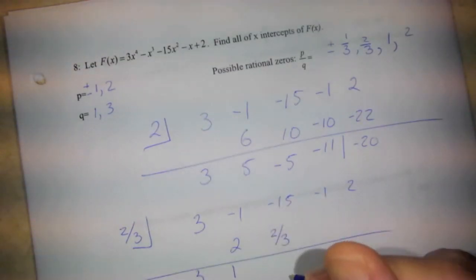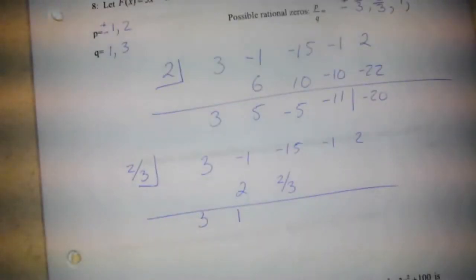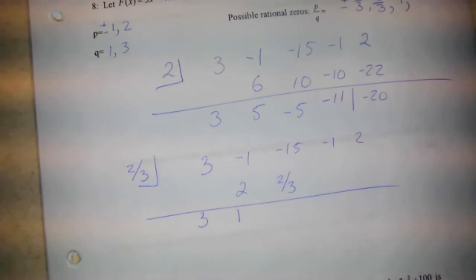Does anyone think that this is going to work? I don't either. And again, that wasn't a wrong thing to say. Try 2/3. Of course, you can try 2/3. Just because it didn't get there, it's not a bad thing.